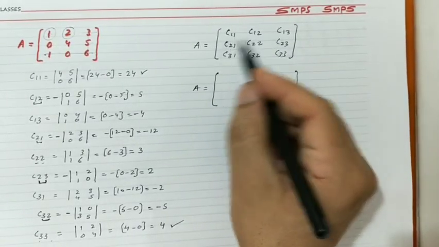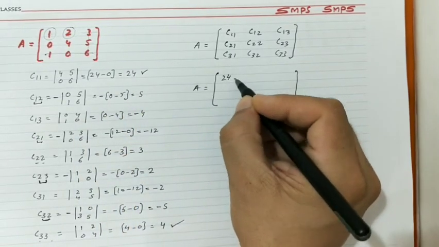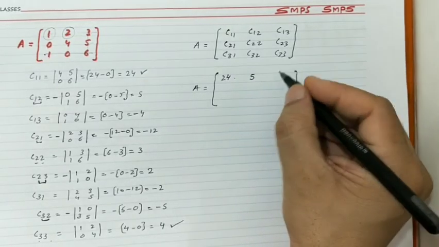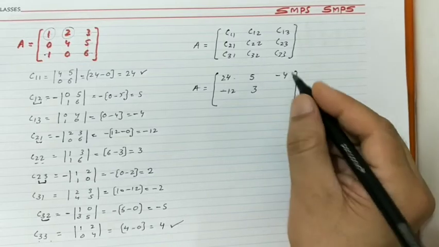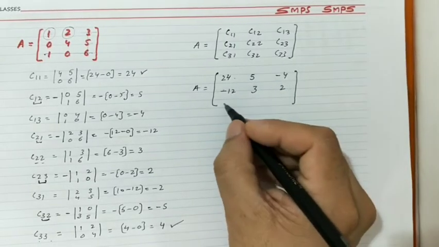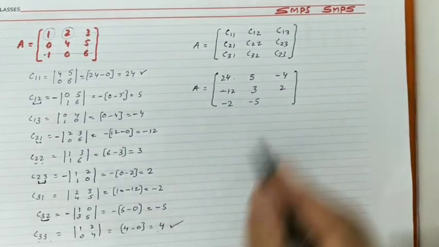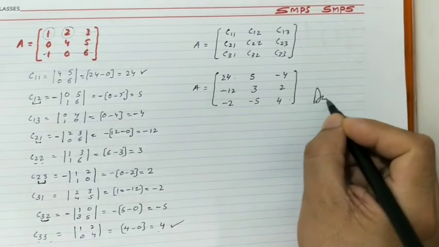Put these values. C11 is 24. C12 is 5. Then minus 4, minus 12, 3, 2, minus 2, minus 5, and C33 is 4. So these are the cofactors.